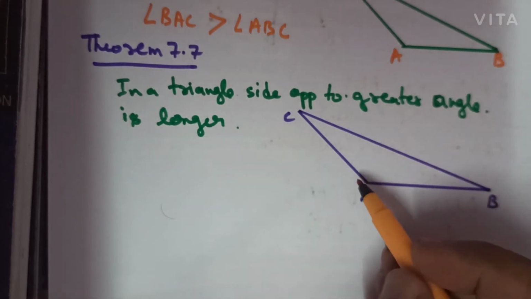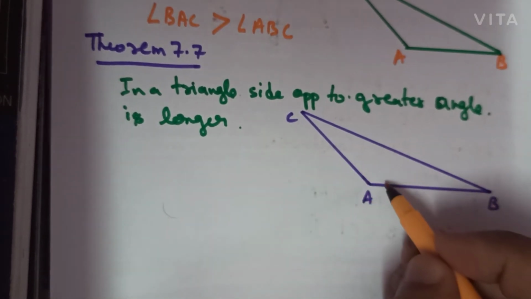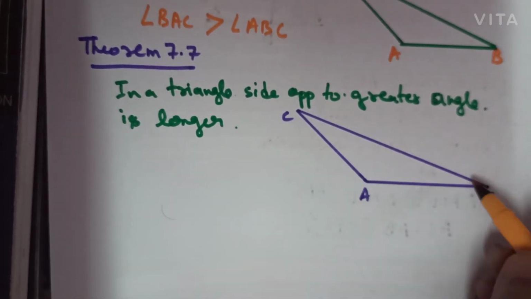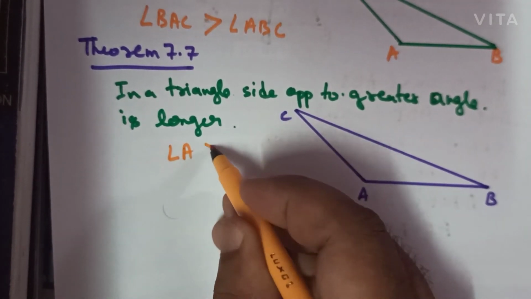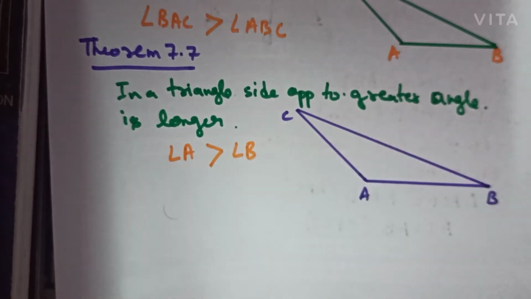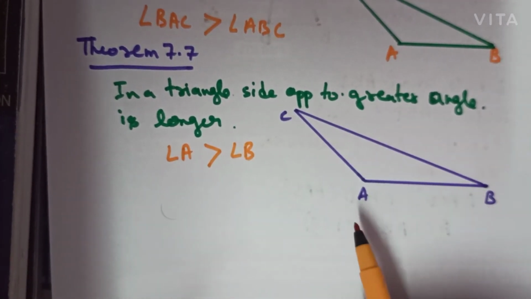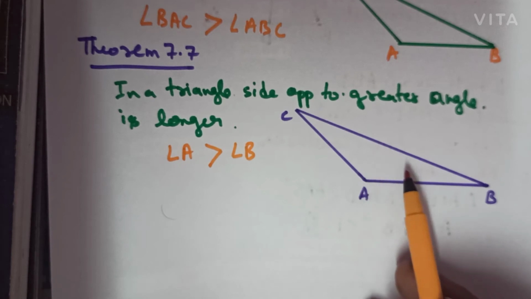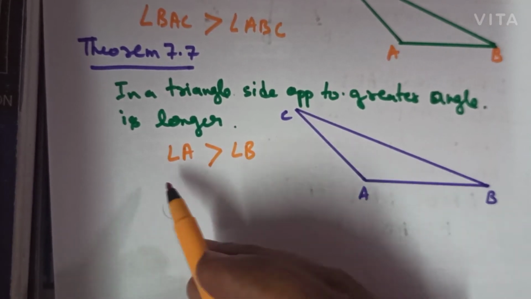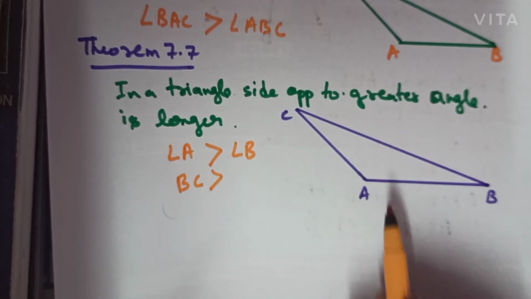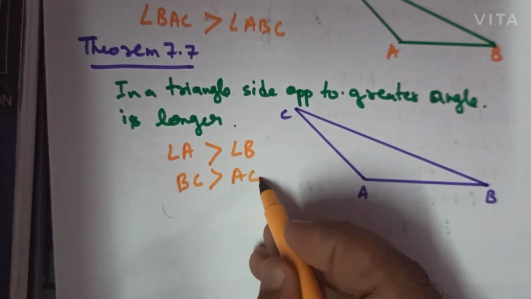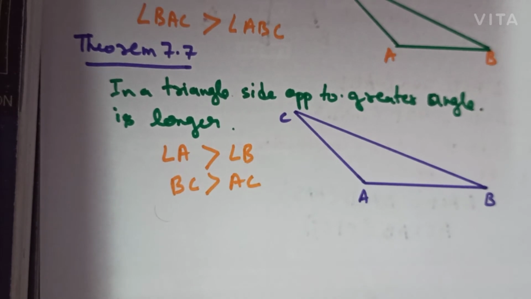So here in triangle ABC, clearly you can see that angle A is greater than angle B. So since angle A is greater than angle B, according to theorem 7.7, the side which is opposite to angle A, that is BC, will be greater than the side which is opposite to angle B, that is AC. So theorem 7.7 states that the side opposite to the greater angle is greater.